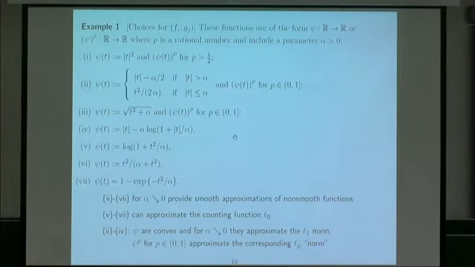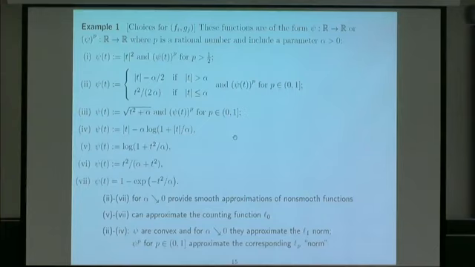I have several examples. There is a long list. All of them are used in different papers. We can notice that all these, when alpha goes to 0, become very stiff near the origin and can provide some approximation of non-smooth functions. In particular, functions 5 and 6 can approximate the counting function.